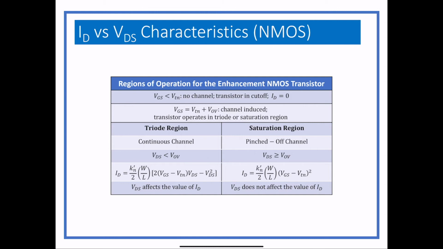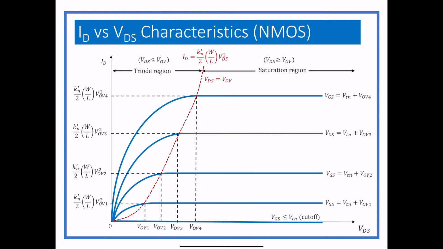Looking at that graphically, if you look at the several different values of VGS, you can see that for higher values of VGS, you get more curving, and then a flattening out and a higher current. The value of ID depends on what the overdrive voltage is, and there's a delineating curve that travels up and shows you where the different regions are.